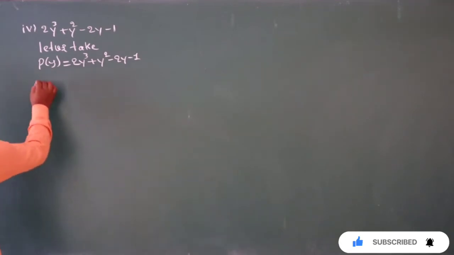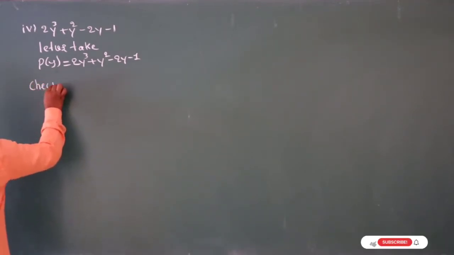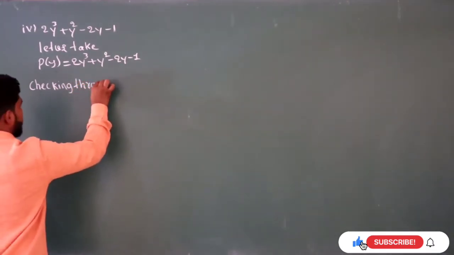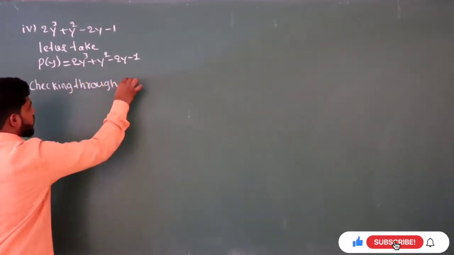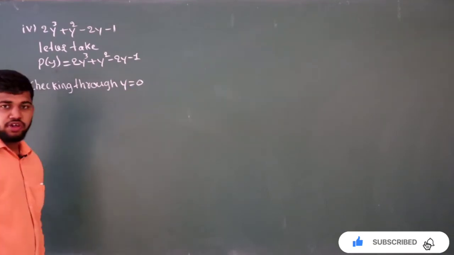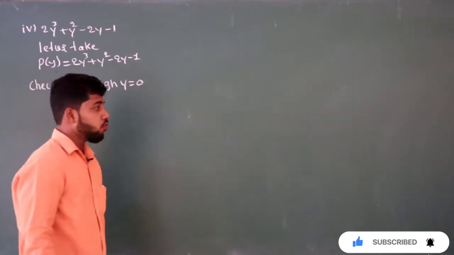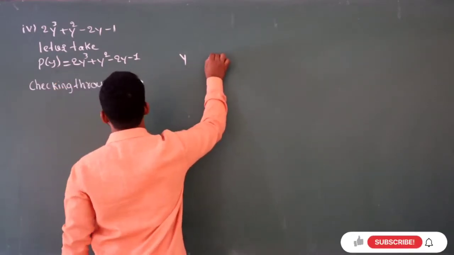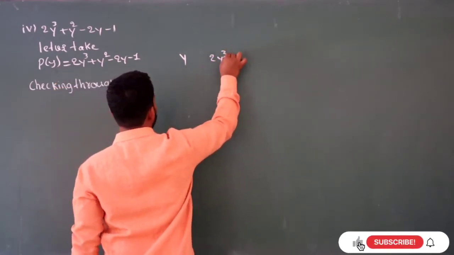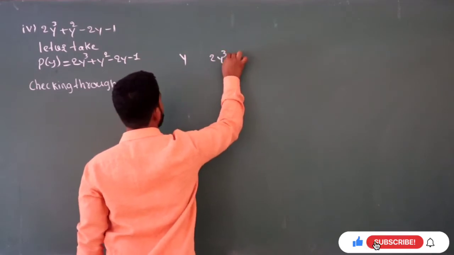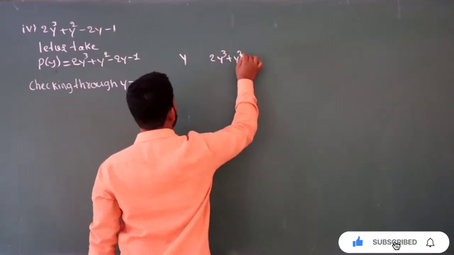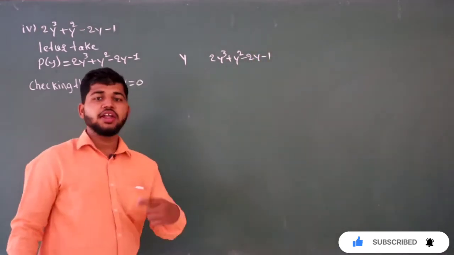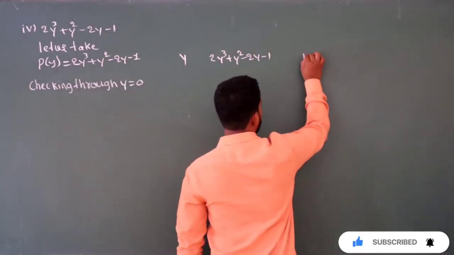Now checking, first we are checking with y is equal to 0. What is p of y? 2y cube plus y square minus 2y minus 1.